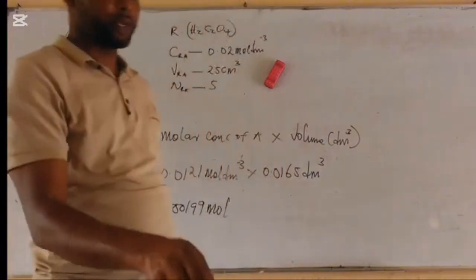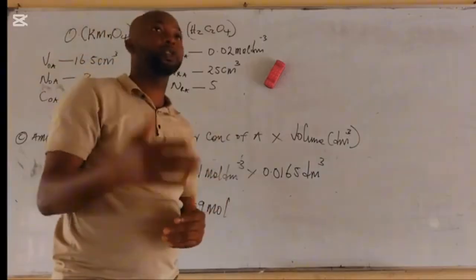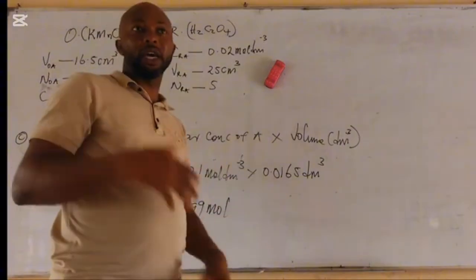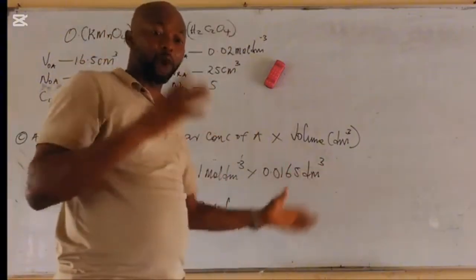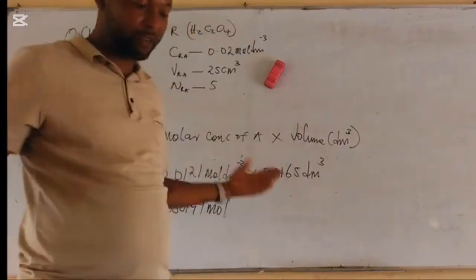We take another question. So what I'm trying to do today is for you to see how we can solve redox questions and normal acid-base questions. I think I've solved one. Let's take more and see how we can diversify and move.